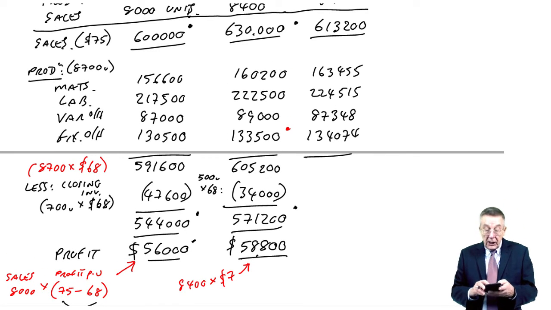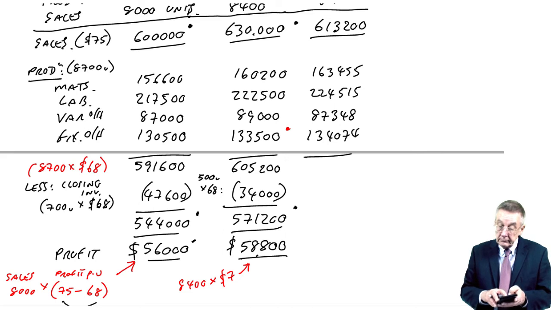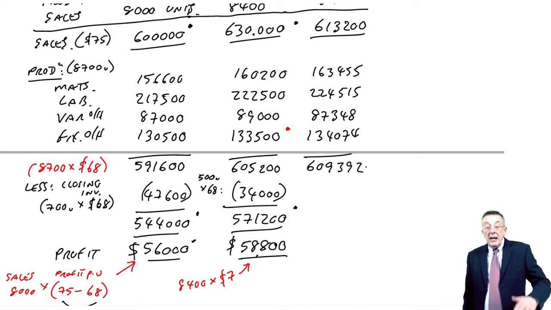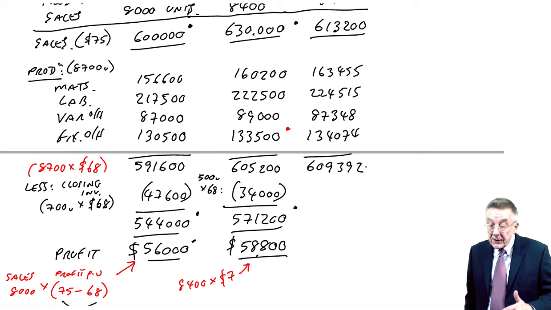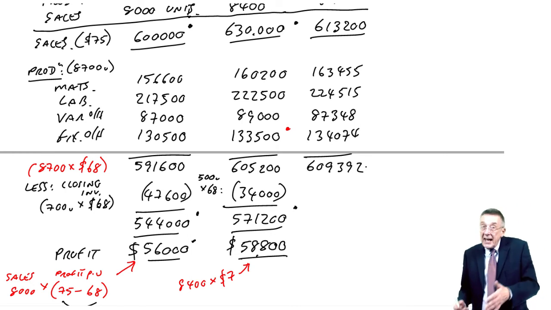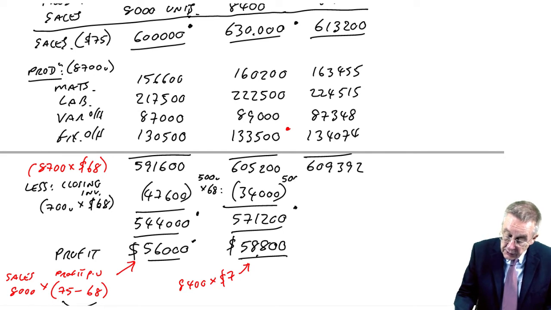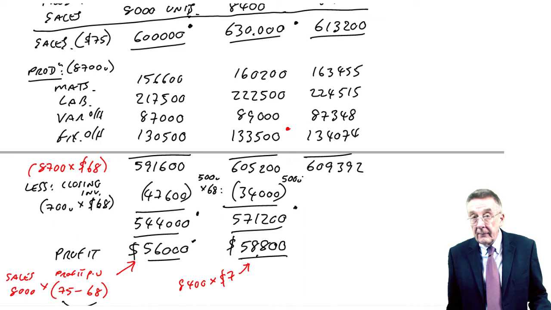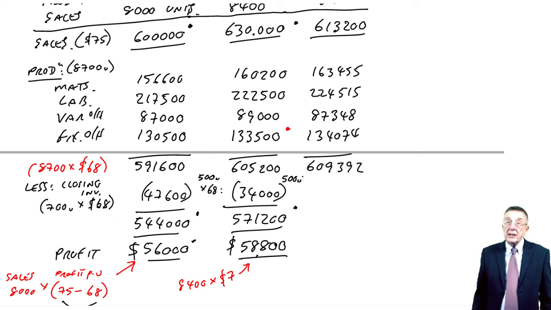And so the actual total cost of production is 609,392. I hope I've got my arithmetic right. But again, that's the cost of producing, how many was it? 8,900. To get the cost of the 8,400 that was sold, we need to subtract the closing inventory. And quite importantly, with variance analysis, we value the closing inventory at standard cost.